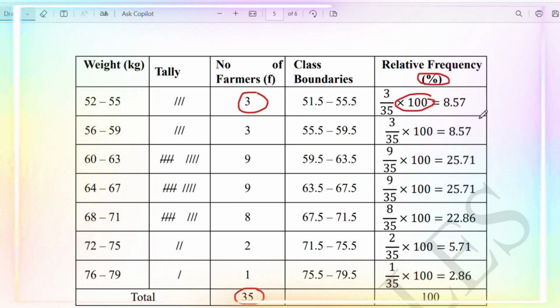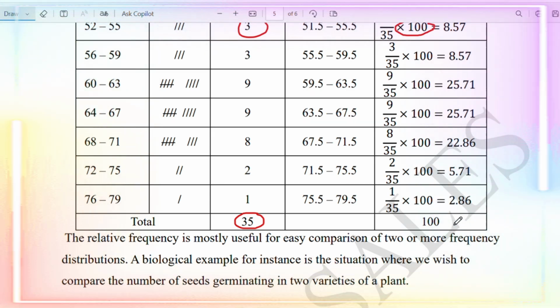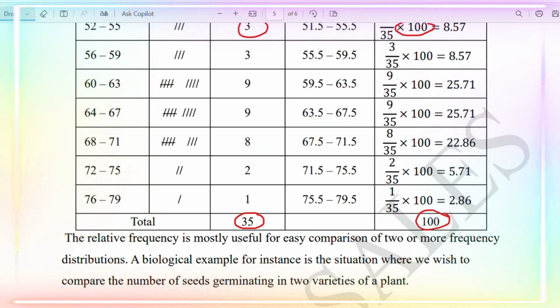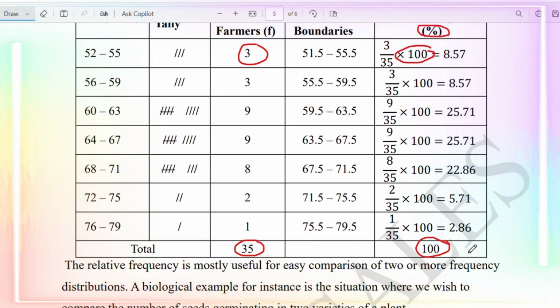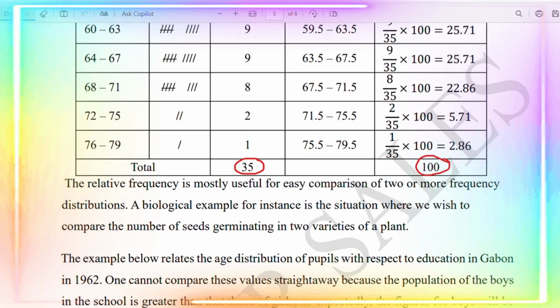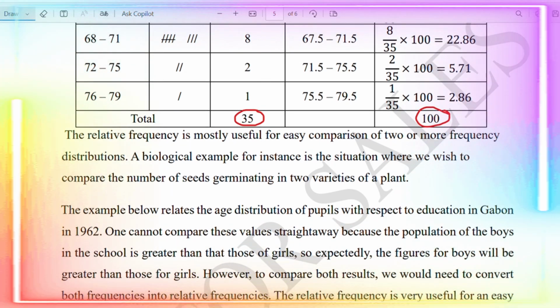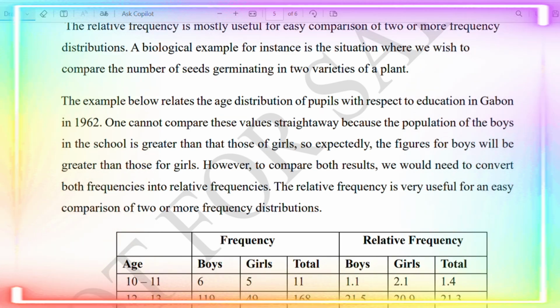So if you present it in percentage, the total relative frequency should give you 100, and if you don't present it in percentage, then it should give you 1 at the end of the day. If you don't get that 1, it means that something is wrong somewhere. Then you should go over it again.